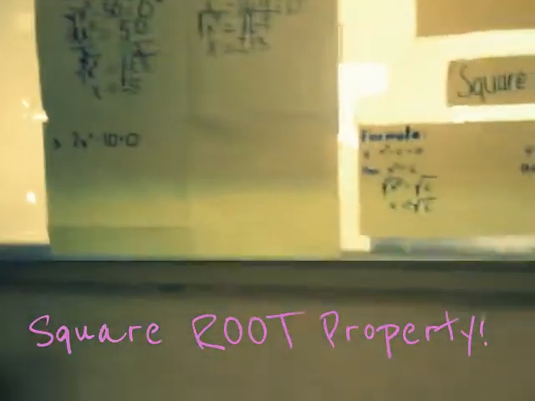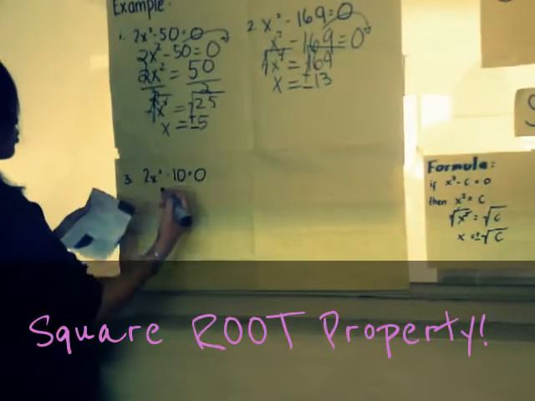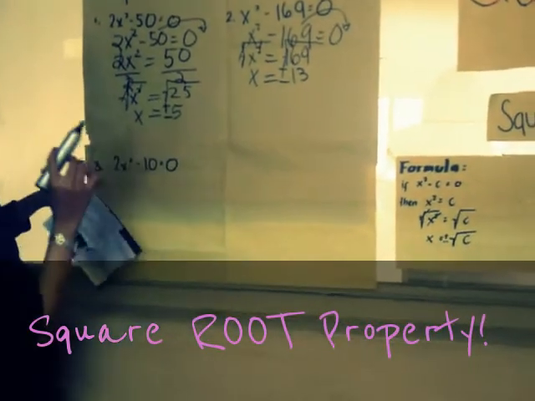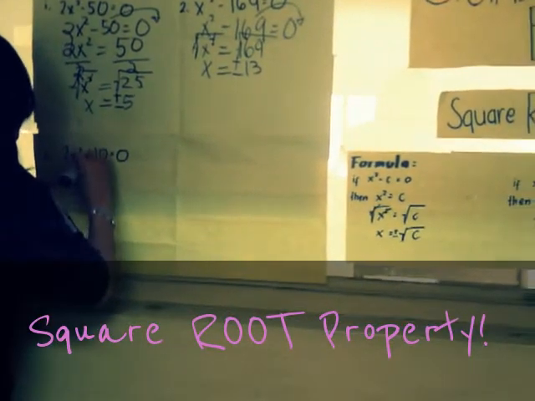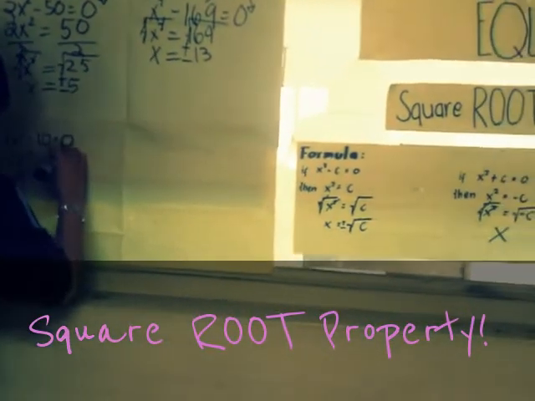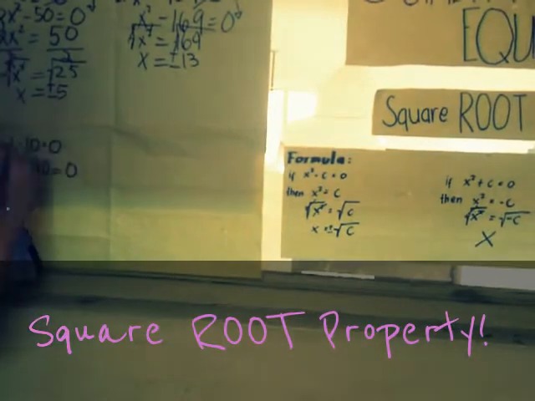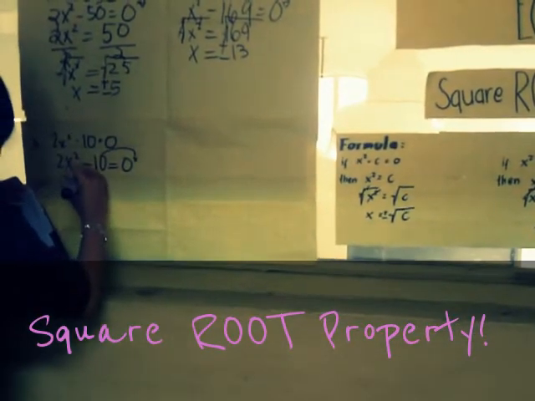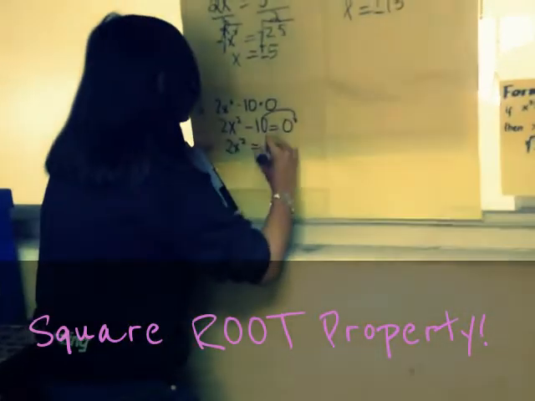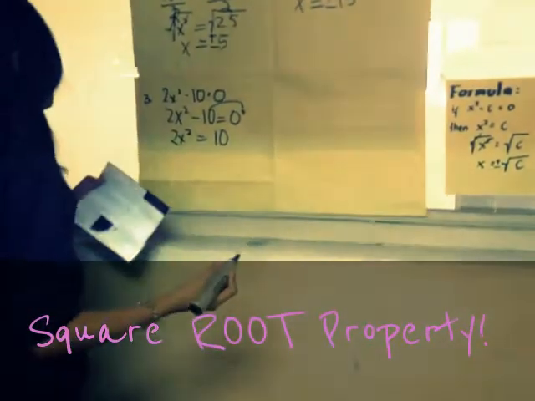The last, 2x squared minus 10 is equal to 0. Transfer 10 again, making it 2x squared is equal to 10.